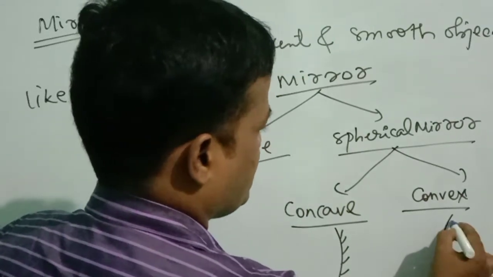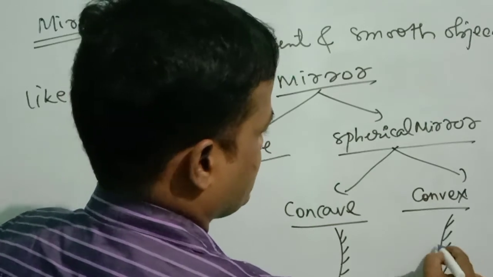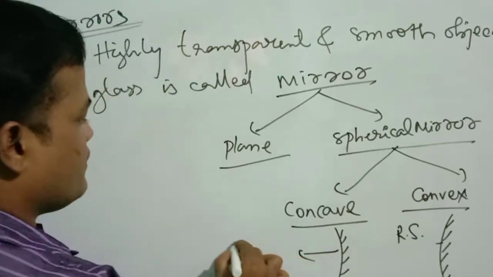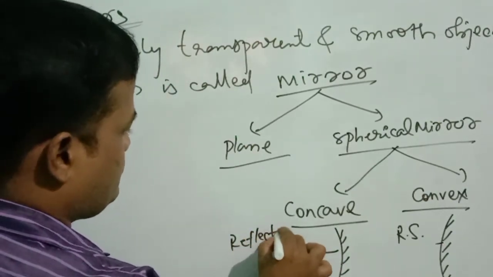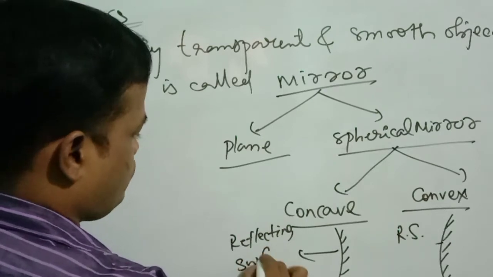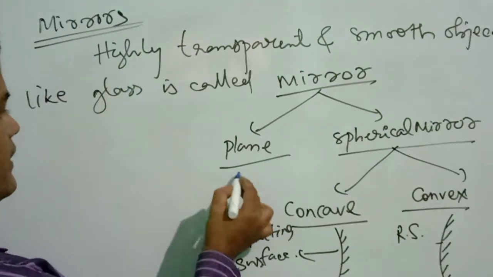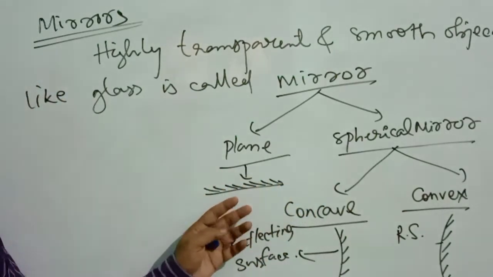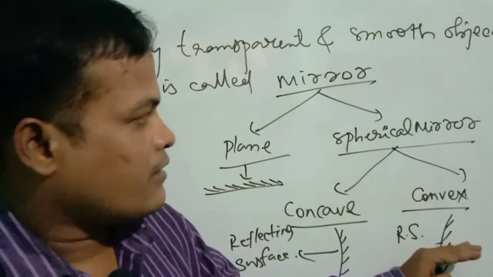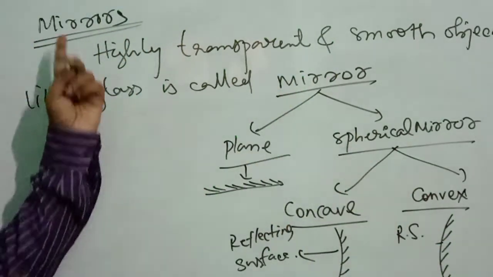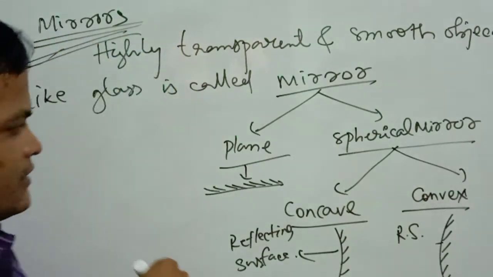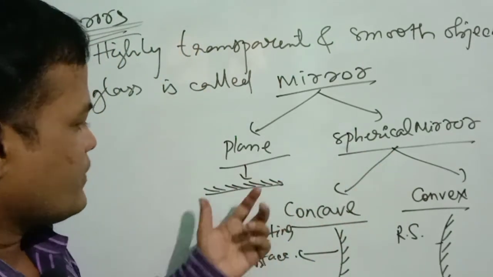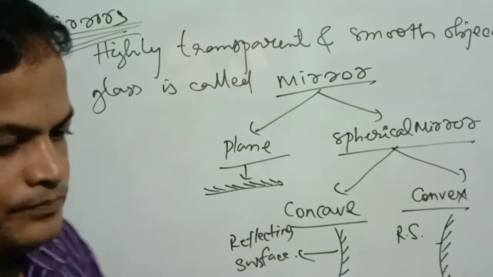In this case, this is the reflecting surface. And this is called the plane mirror. So we have the plane mirror, concave mirror and convex mirror. These are what we call mirrors. Okay, friends. Now let us see how the image is formed in a plane mirror.